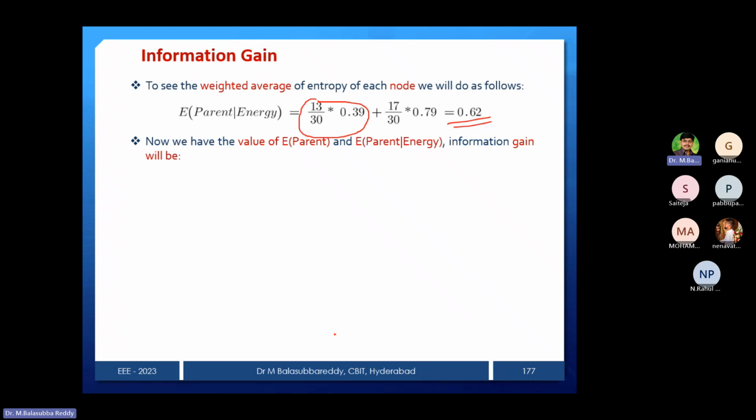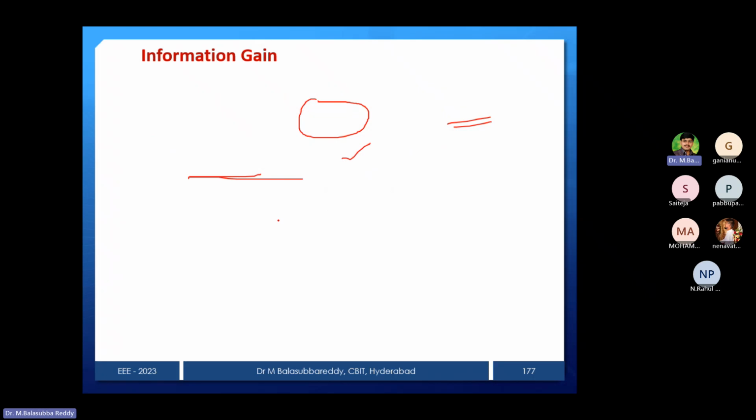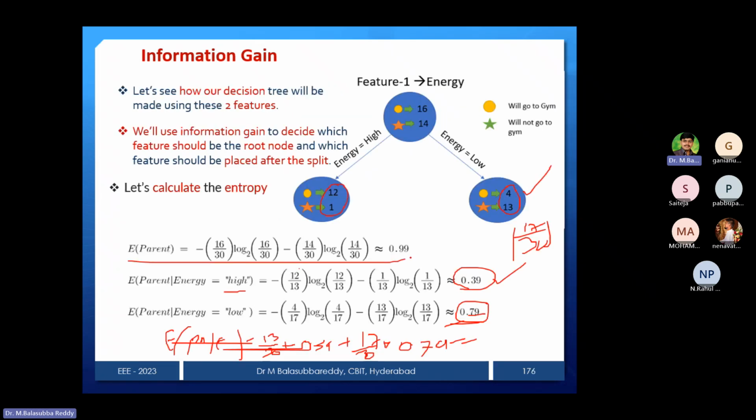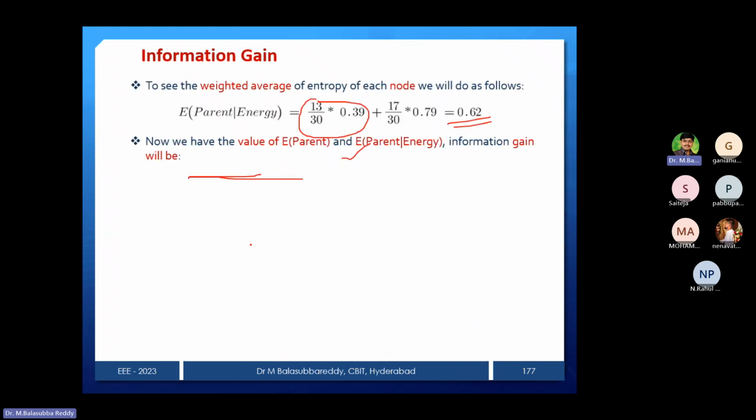Now we compare the previous entropy and this entropy. The formula is information gain: E parent, which we already calculated previously, is 0.99. Then the weighted average entropy we got is 0.62. So we subtract: 0.99 minus 0.62 is 0.37.